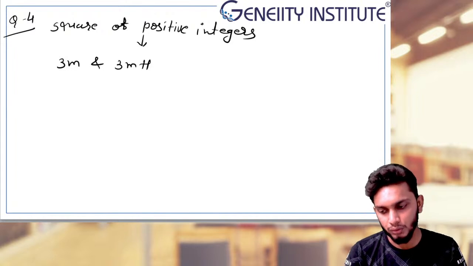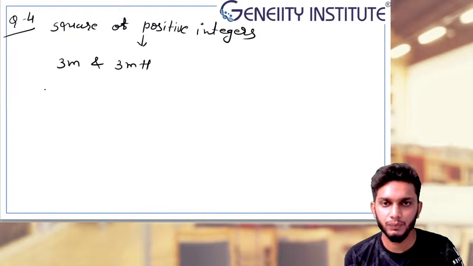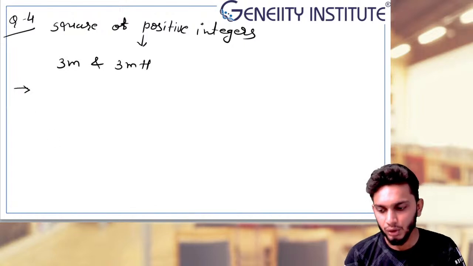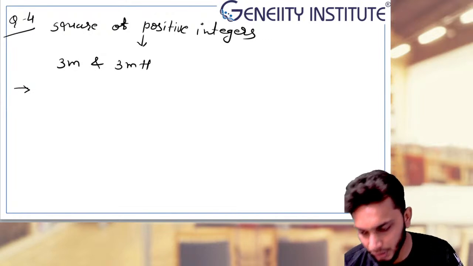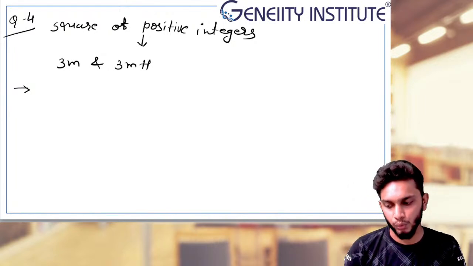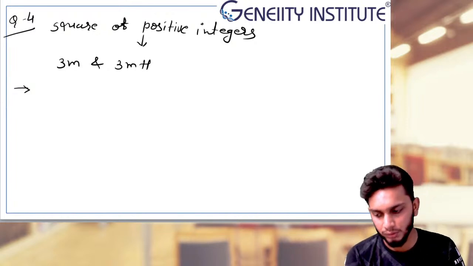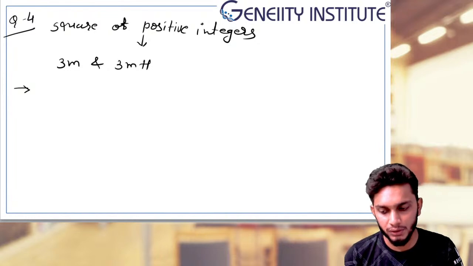First of all, in that exercise you can see one thing which they have written: use the number in the form of 3q, 3q plus 1 and 3q plus 2.